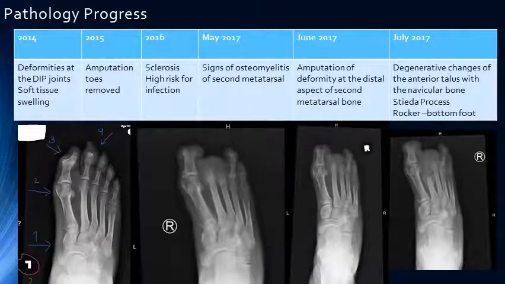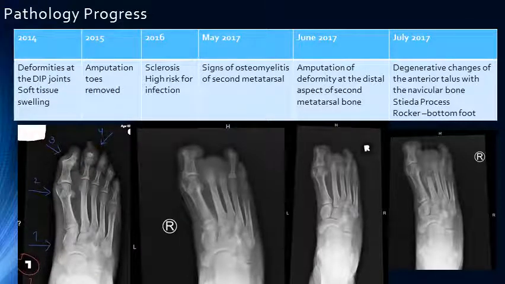In this slide, we can better appreciate the progress of this pathology through the years and see how in 2014 it started with the deformities of the DIP joints over here, and mostly the swelling and pain at the second toe.